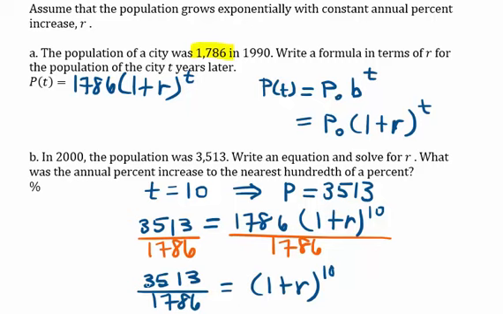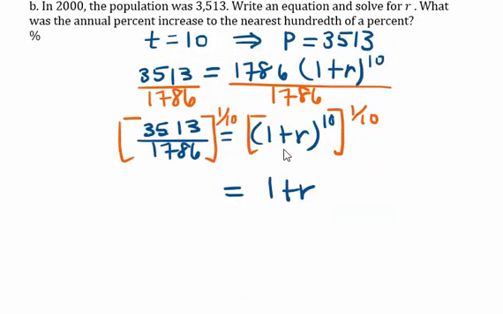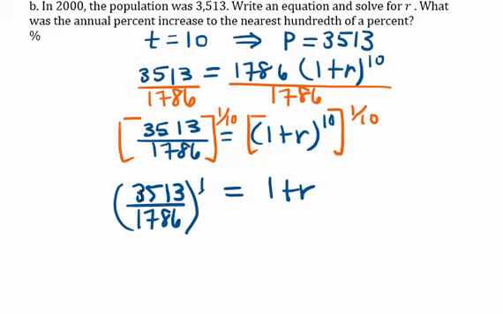And this is kind of like if you had 1 plus R squared, you would take the square root of both sides. In this case, we'd take the 10th root of both sides. But another way to write that is to raise both sides to the 1/10 power. So on the right-hand side, we have 1 plus R by itself, and then on the left-hand side, this new power, 3513 over 1786 to the 1/10.